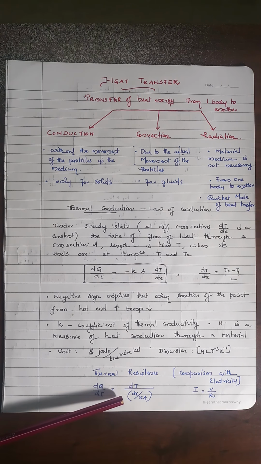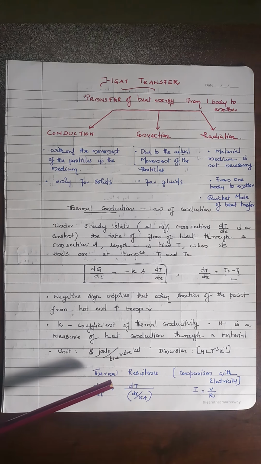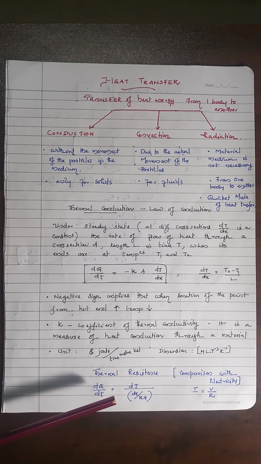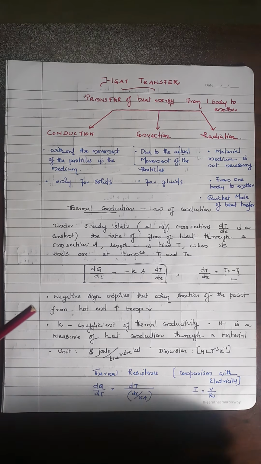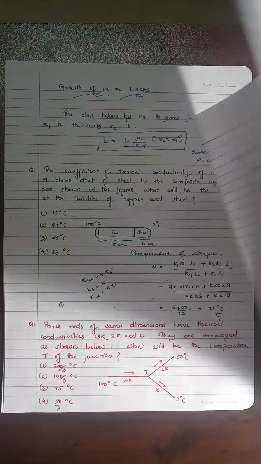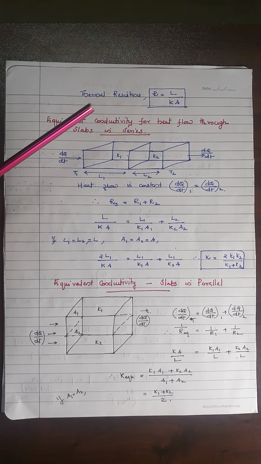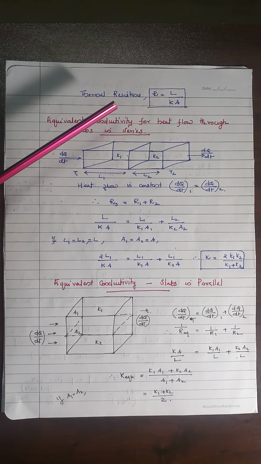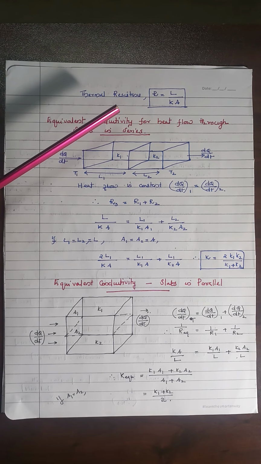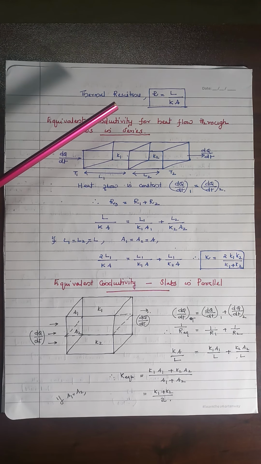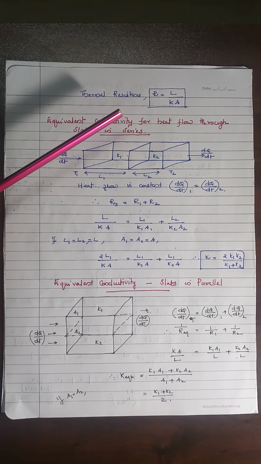Then there is a concept, the thermal resistance, the resistance offered by a material to the flow of heat energy, and mathematically we can write the thermal resistance as L by KA. Keep in mind here the length L, K the coefficient of thermal conductivity, and the area of cross section.